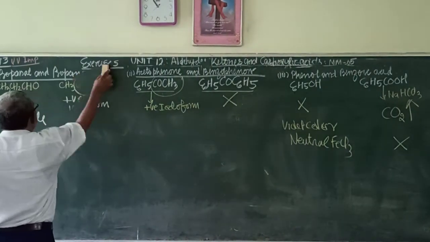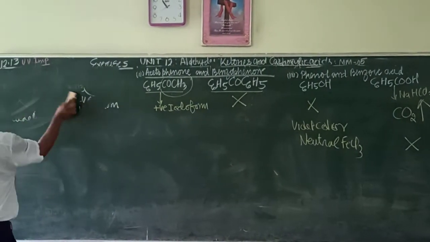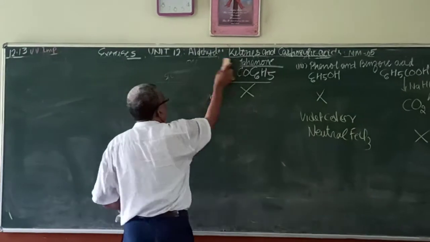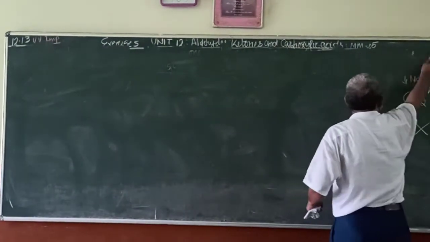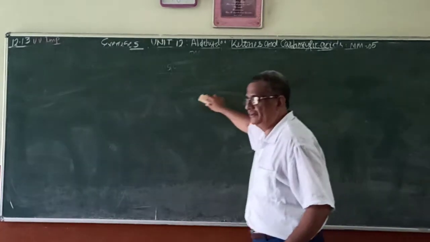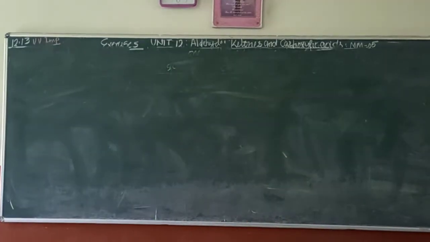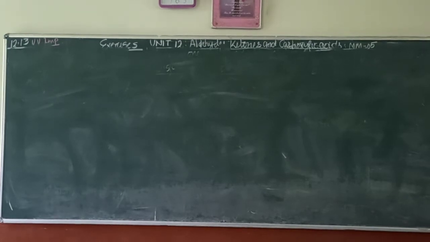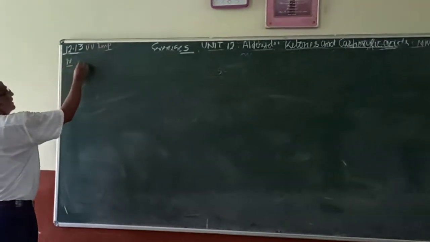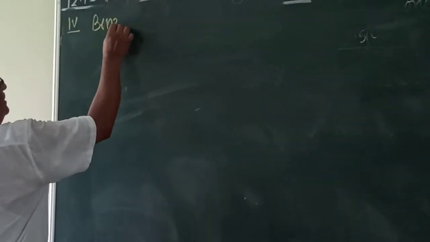Now, the next compounds are the 4th, 5th and 6th. What is the 4th one? I am just writing on the blackboard. The 4th one is benzoic acid and ethyl benzoate.